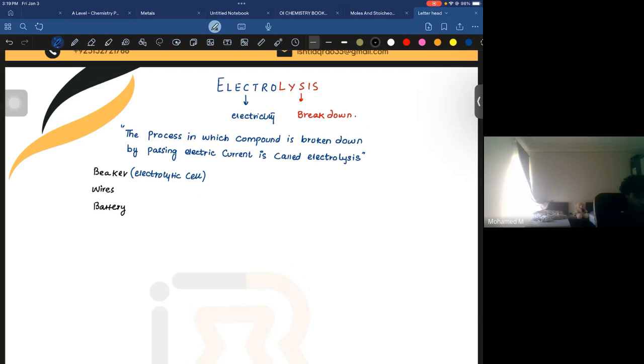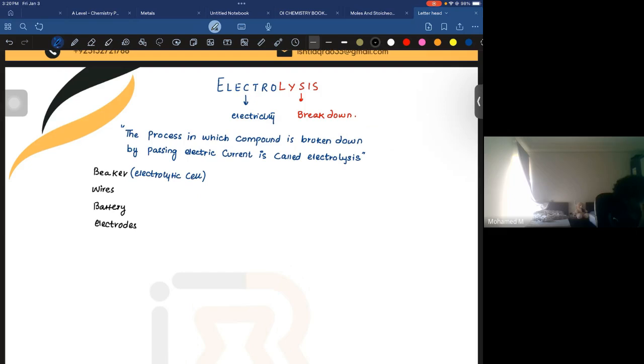The next thing that we need to do electrolysis is electrodes. I would be telling you each and everything about electrodes.